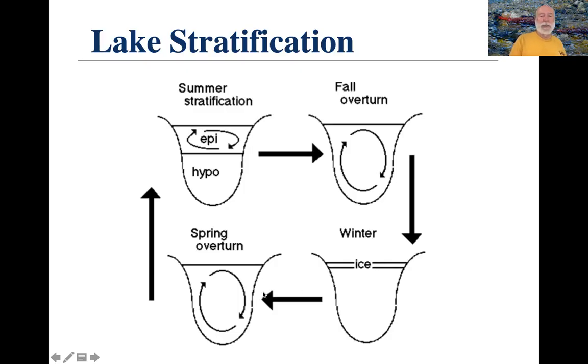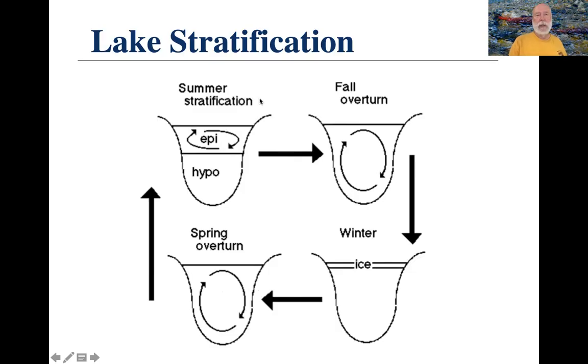When the ice melts in the spring, it becomes isothermal, same temperature top to bottom again. When the wind blows, it can again mix the lake right from top to bottom until the surface waters warm to the point that we get some stratification present.